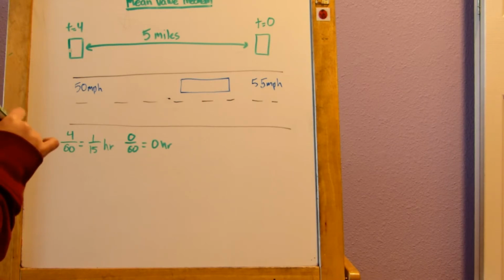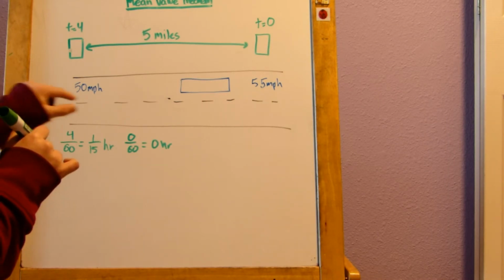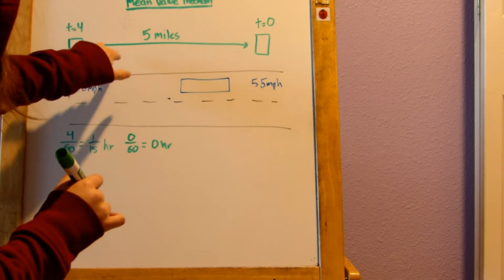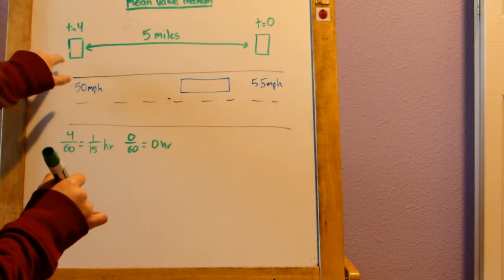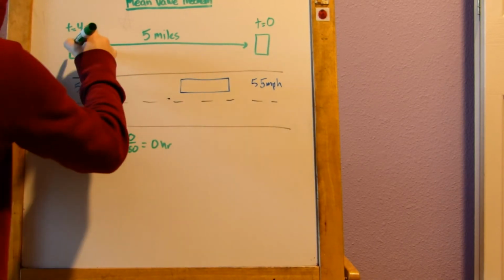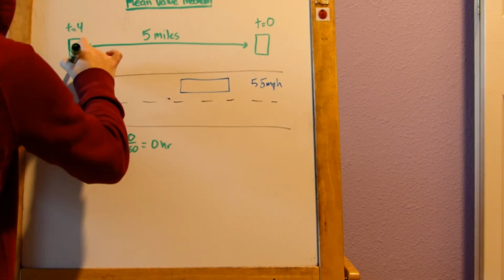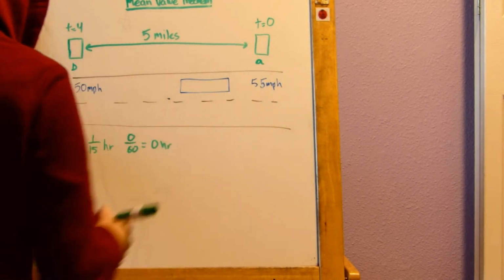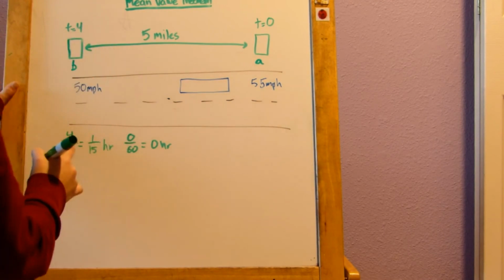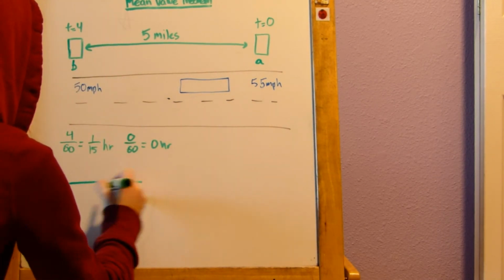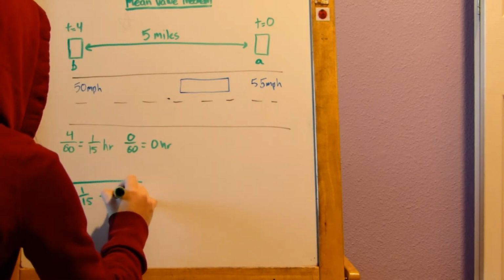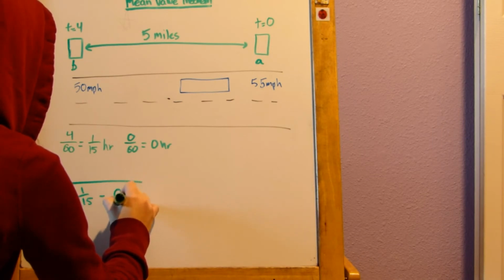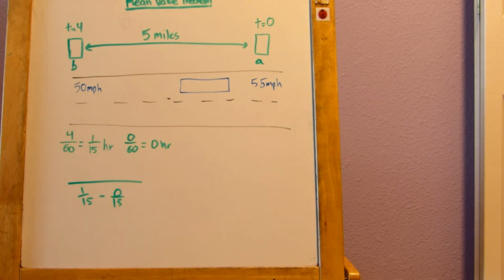f(b) is going to be 5. Sorry, excuse me. F(b). So if this is b, this is a. The times are going to go at the bottom, so 1/15 minus 0, you could just write 0.